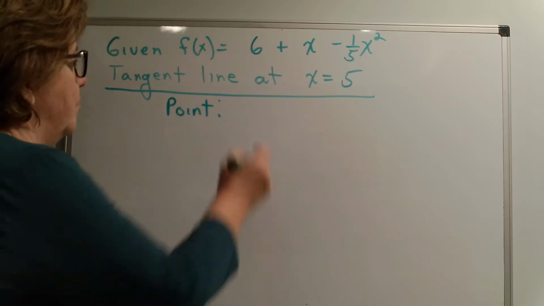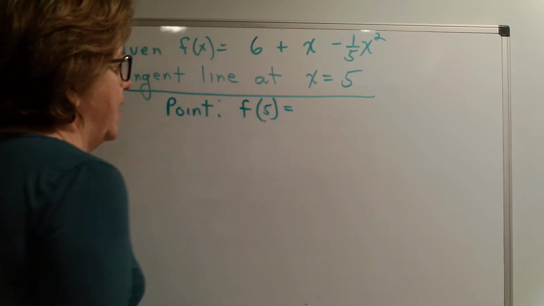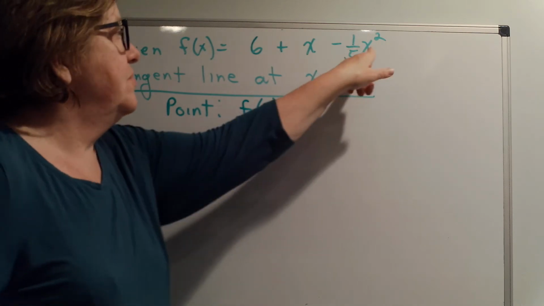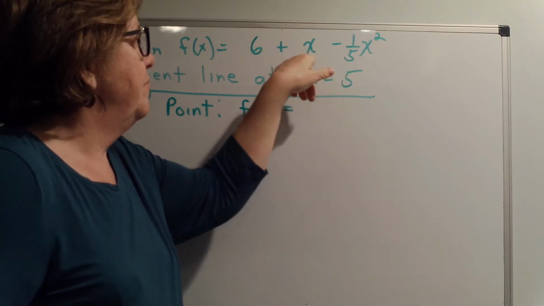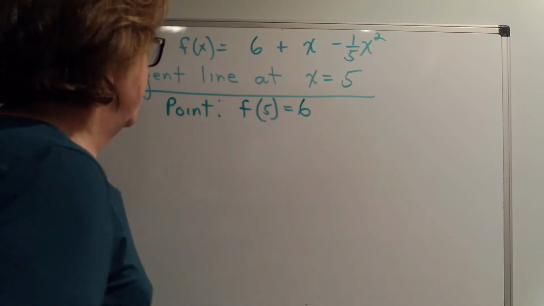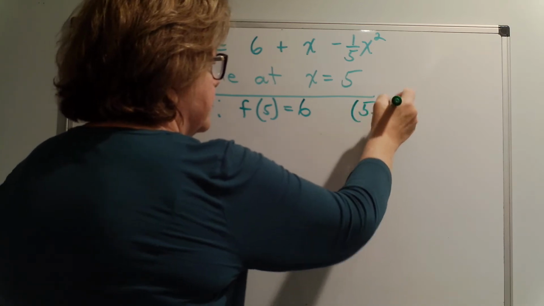So we need to figure out what the function value is at 5. So at 5, 5 squared is 25, divided by 5 is 5. 5 minus 5 is 0. We're just going to get a 6. So the point we're interested in is (5, 6).